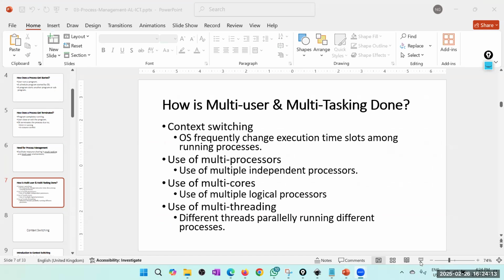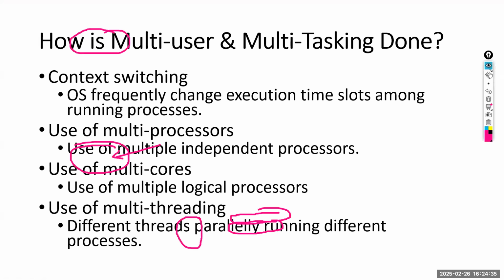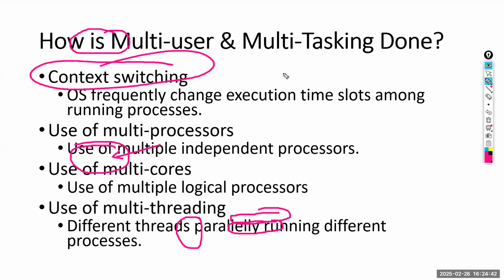So therefore, modern computers are not single processor. Even if it is a single processor, it has multi-cores, multiple logical processors, multi-threading, and in some cases, even multi-processors. But whatever the approach, context switching is still used. Even though you have four cores and eight logical processors, at a time definitely more than eight programs are running. Maybe 20 odd programs are running.